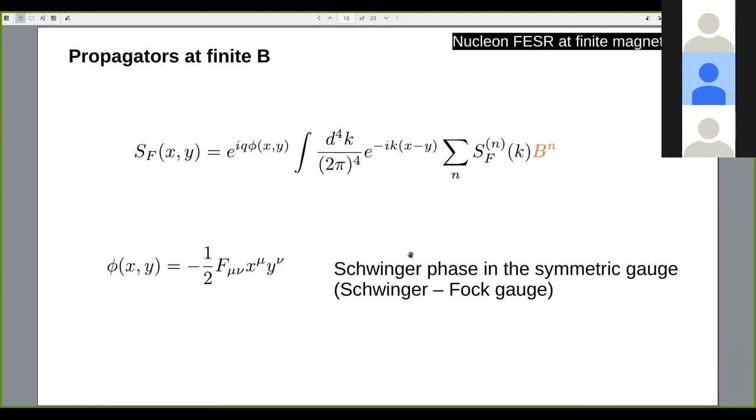Now, what changes here are the propagators. There are magnetic field dependent propagators, which are decomposed in a local part and a non-local part known as the Schwinger phase. And this can be expressed in terms of powers of the magnetic field.